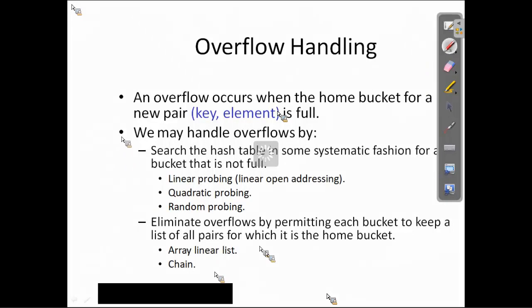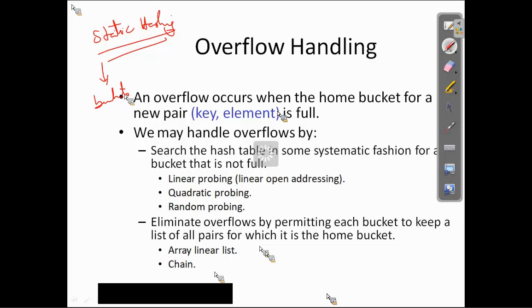Now we are going to talk about something, and then we are going to end this discussion. We have looked at what is called static hashing. In static hashing, the hash function generates the address of a bucket.